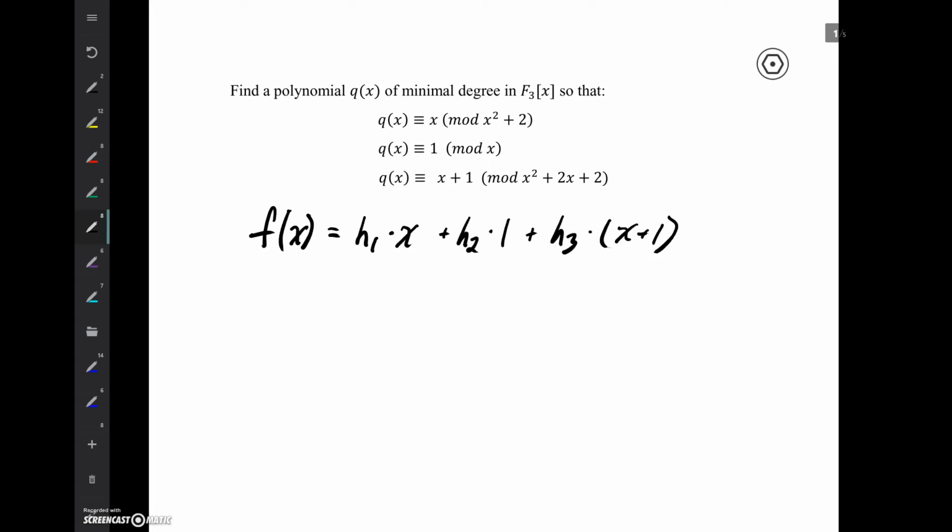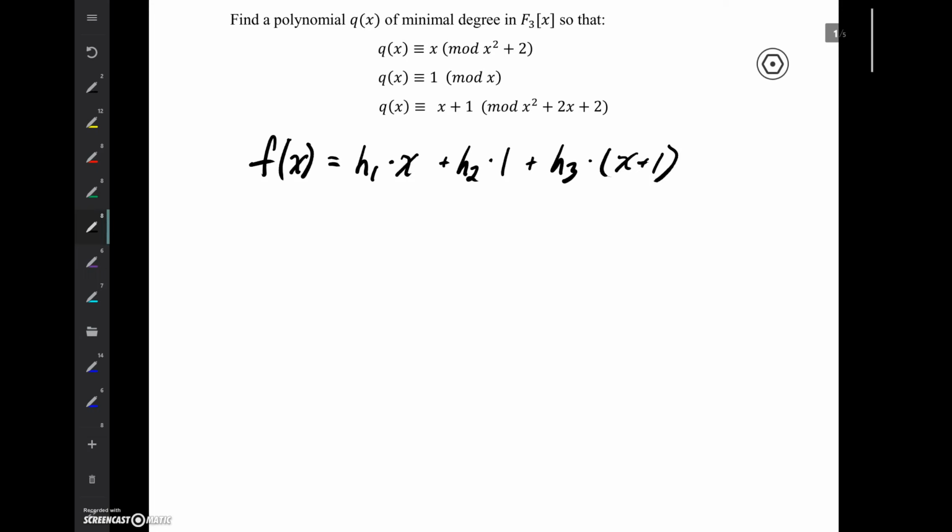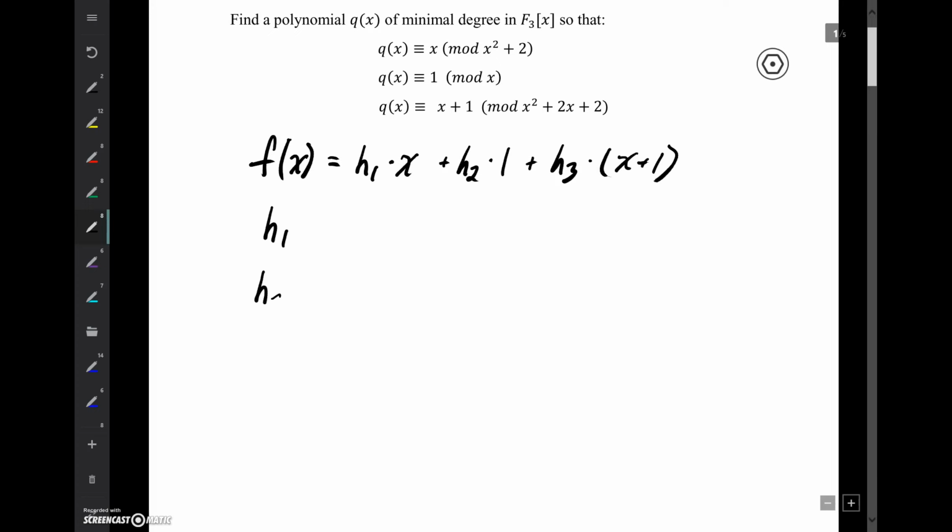Alright, first up, find h1. Now when we find h1, we're going to split it up into two different functions. I'm just going to label them m1 of x and l1 of x. So starting with h1, I'm going to leave a little space, because again what we're trying to find here is h1, h2, h3.